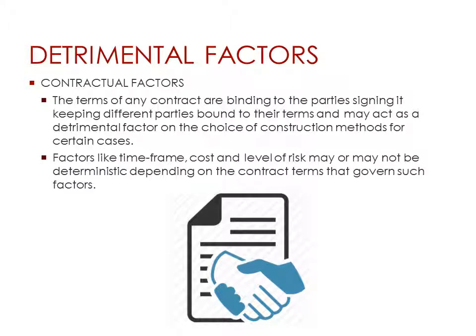You could not have the choice to be late. Maybe certain budget limitations within the contract. Maybe certain predicated milestones within the contract. So a lot of these issues will cause you to have a detrimental factor, which is the contractual factor here.